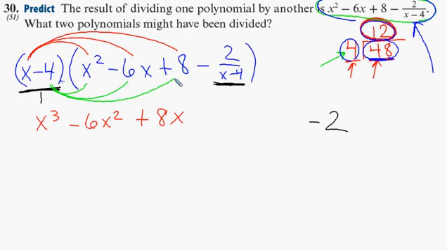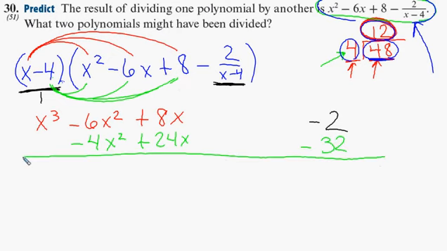So I get negative 4x squared, and I'm just going to write it directly underneath because I'm going to be adding like terms anyway. Negative 4 times negative 6x gives me positive 24x, and then here I've got negative 32.